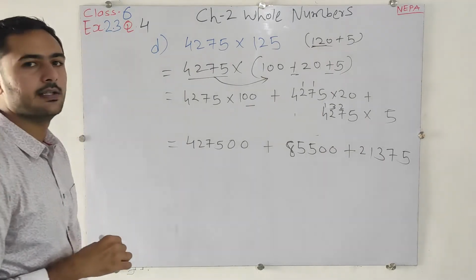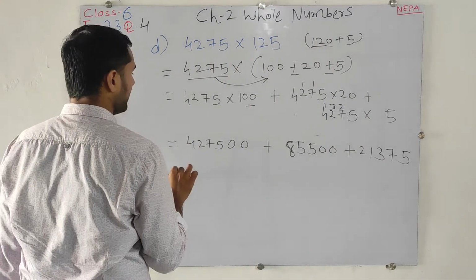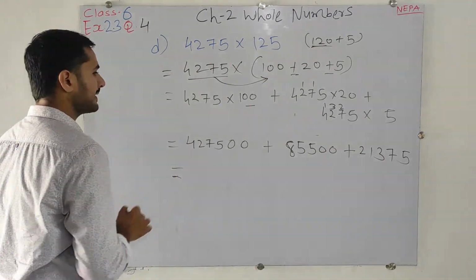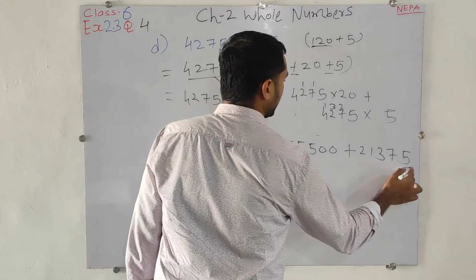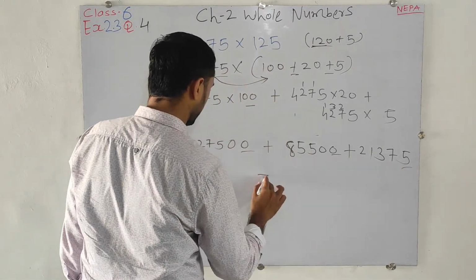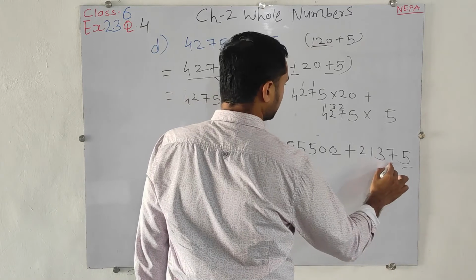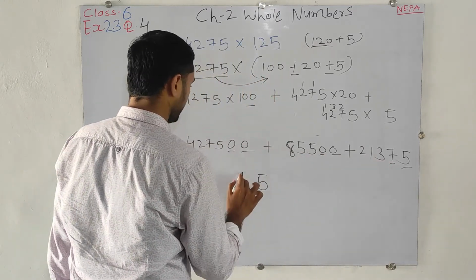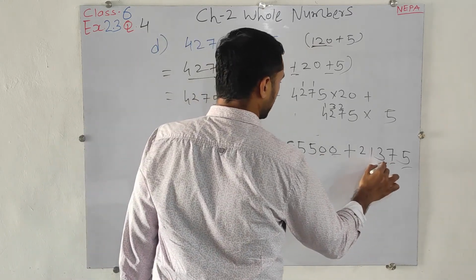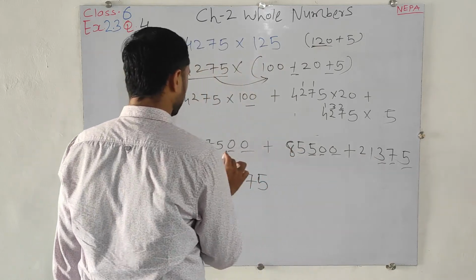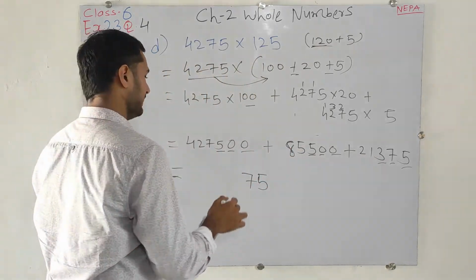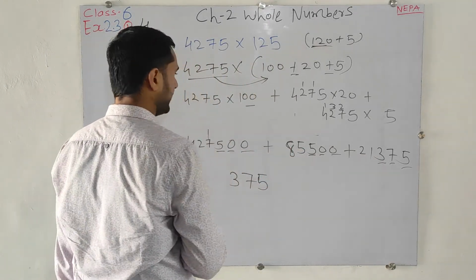Okay. Now in the next step we'll just do the addition for this. Let's start with the unit digit. 5, that is 5, 7, 7, 3 and 5, 8, 8 and 5, that is 13. So 3 and 1 carry.